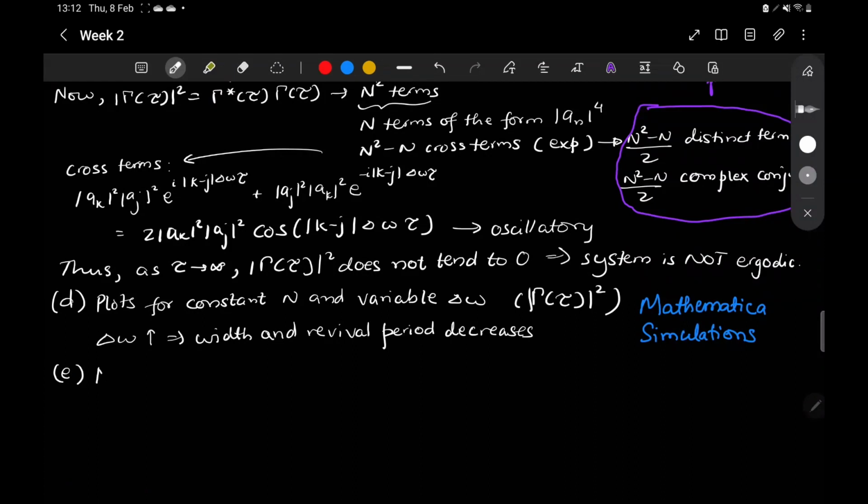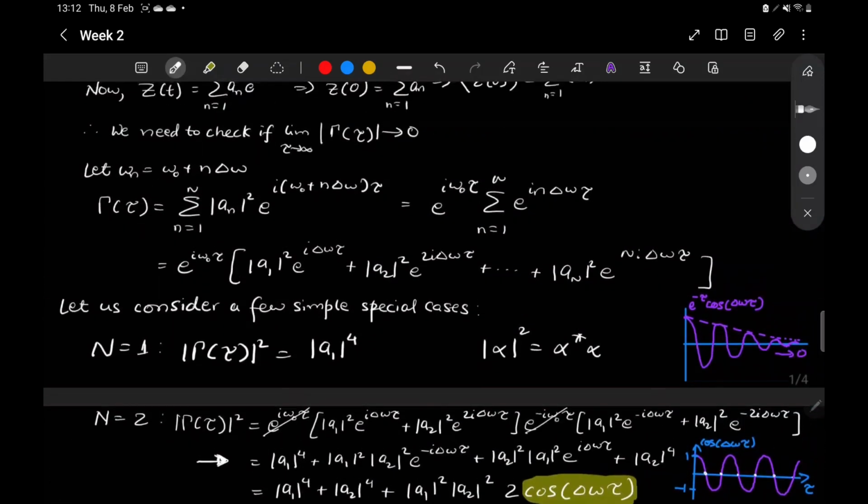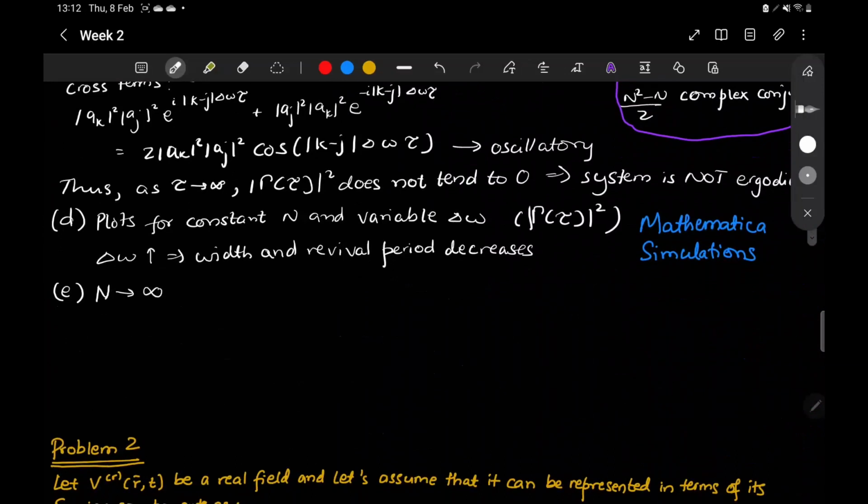So we have n tends to infinity and delta omega tends to 0 such that n delta omega is finite.